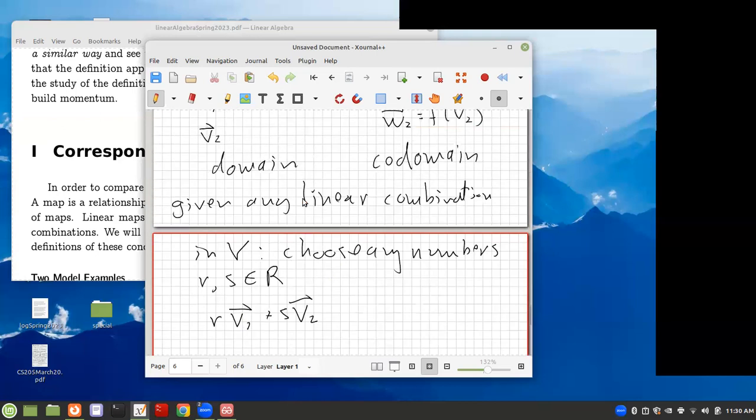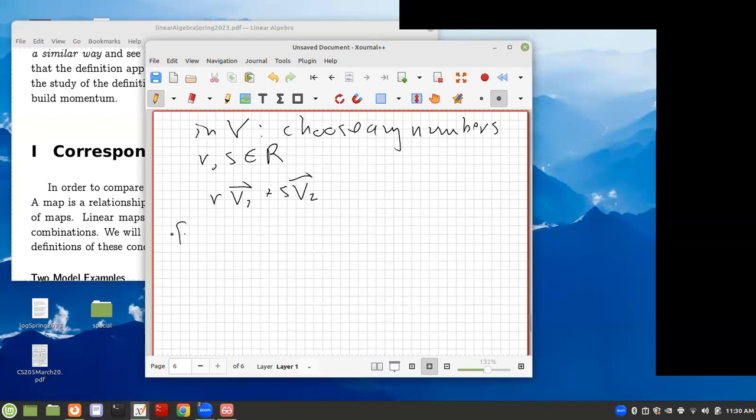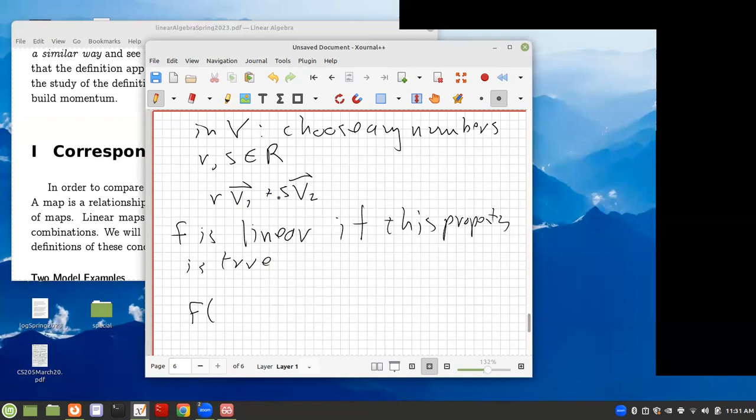So the map F here is linear if the following property holds true: F of this vector, since this is a vector space and this is a member of the domain, it has to have an image under F. The image is R times F of V1 plus S times F of V2.